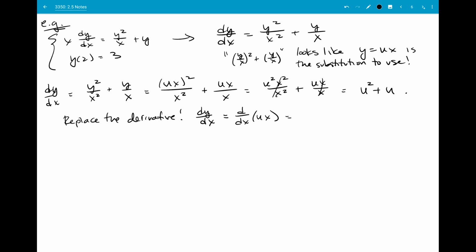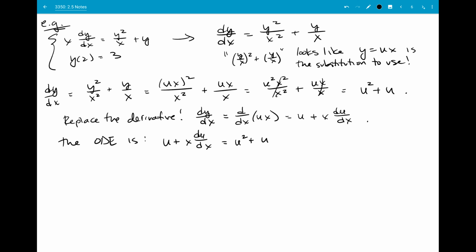I get u times dx/dx is 1, plus x times du/dx. So the ODE is u plus x du/dx, which was my dy/dx, is equal to u squared plus u. That was my y squared over x squared plus y over x.